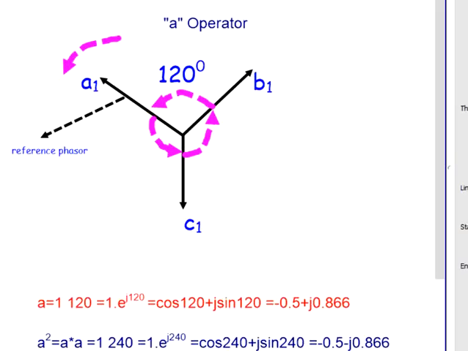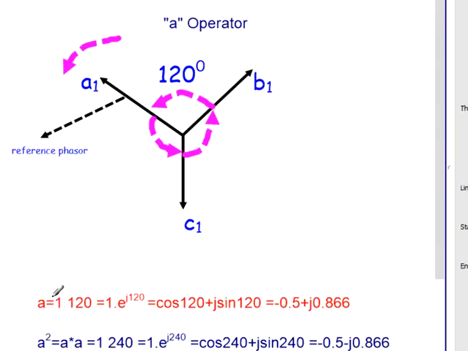Now let us say A is the reference. If I rotate A to C, my A1 will be multiplied with A.